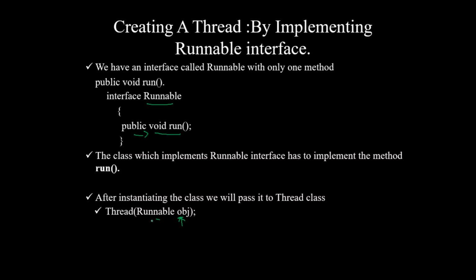So with that you are creating a thread object which is referring to the object implementing the Runnable interface, right? Now you can call the start method upon this Thread class object. Let us discuss this with an example so that we will understand in a better way.